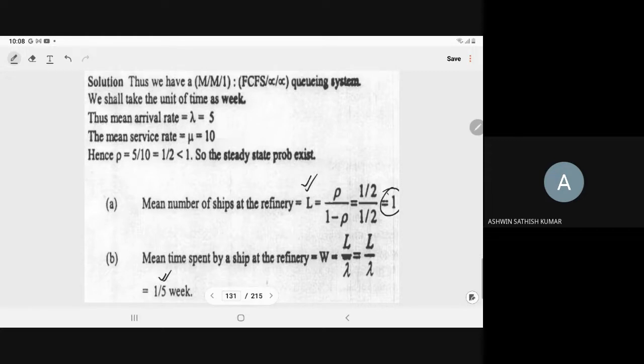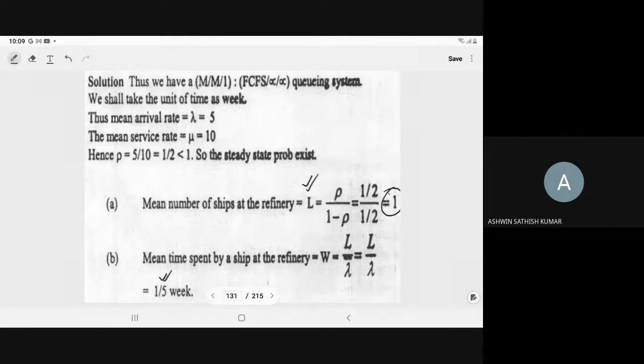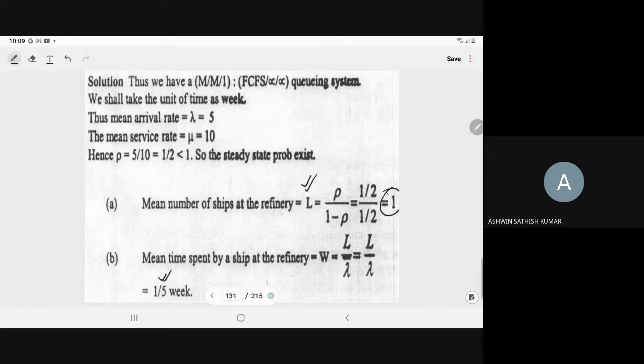So you can see, as you increase the service facility, whether on rent or purchasing, whatever the way, the expected number of customers in the system and the expected waiting time of the customer in the system reduces.